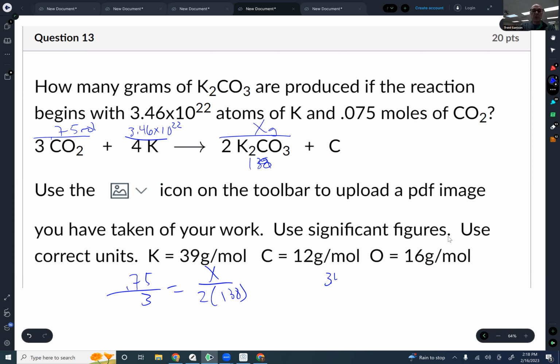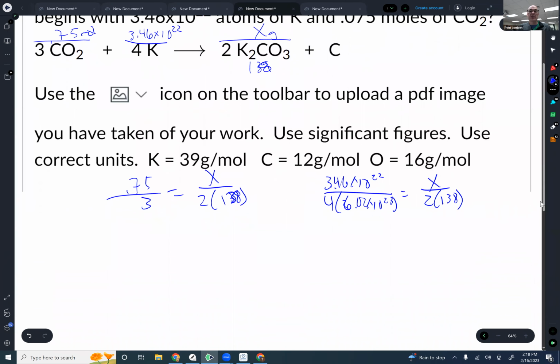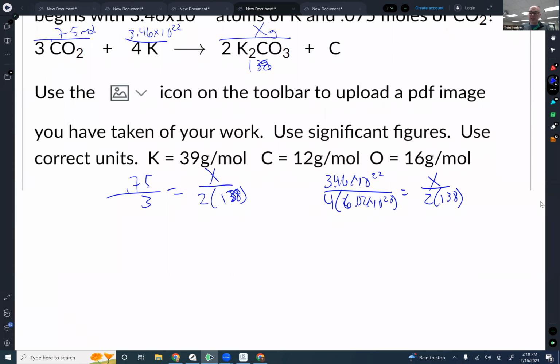We'll do the 3.46 times 10 to the 22nd over 4 times 6.02 times 10 to the 23rd equals the same amount over on the right, 138. They are both going to solve to the same, but we have to figure out which one is the actual answer because it's a limiting reactant. All right, so let's crisscross applesauce. 0.75 times 2 times 138 divided by 3, and I get 69 grams here.